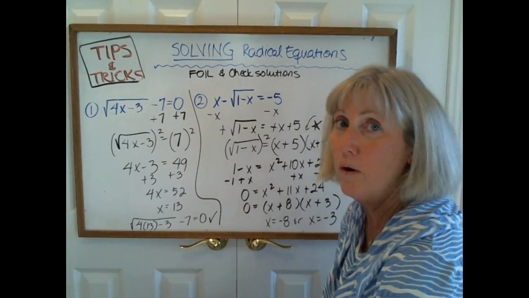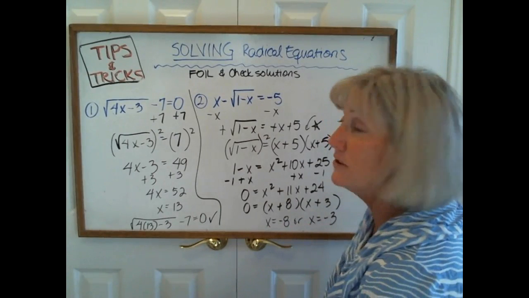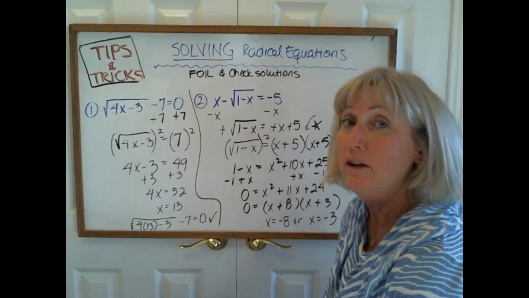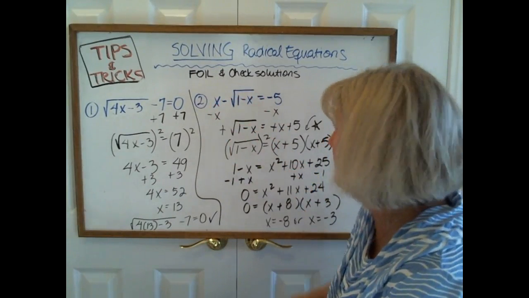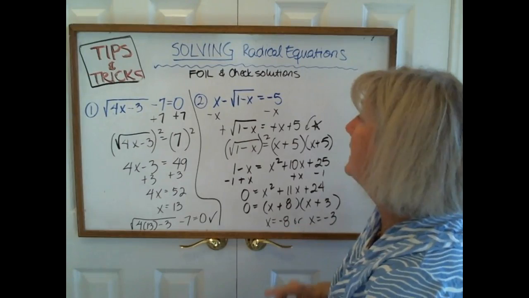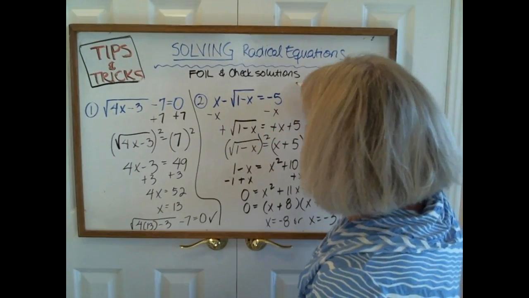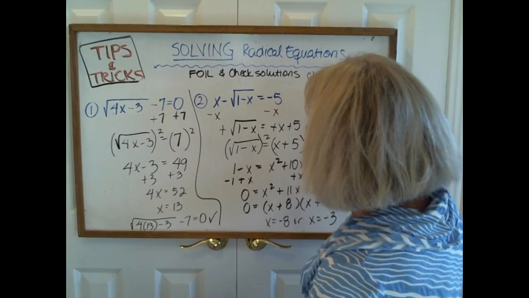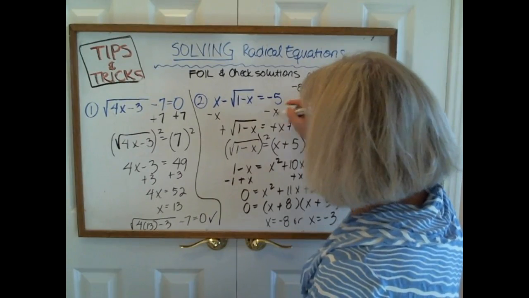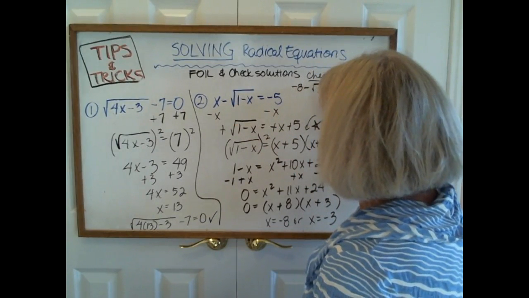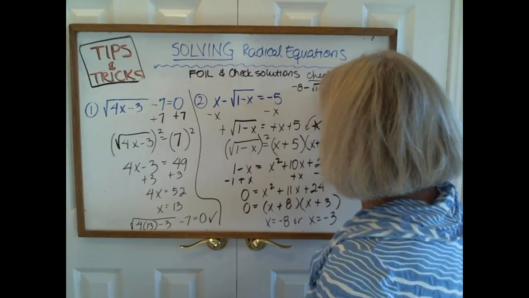And as I said, one of the very important things is to check these answers to make sure that we don't get a negative or something that doesn't work up here because there's a negative. So let's check the negative 8 first in this original equation. So for the check, we're going to go negative 8, because that's x, minus the square root of 1 minus negative 8.